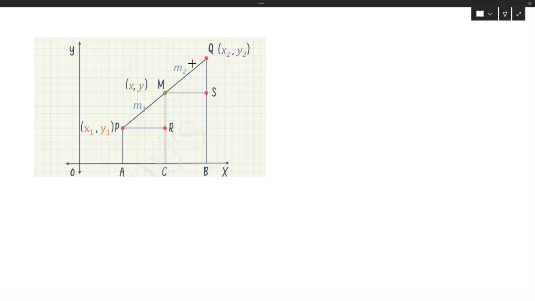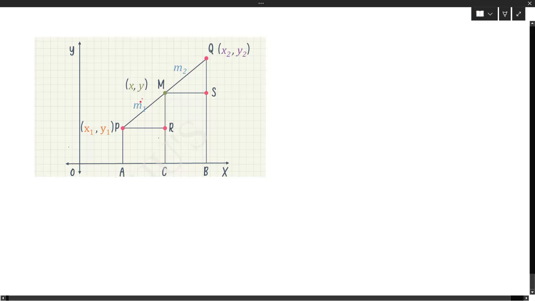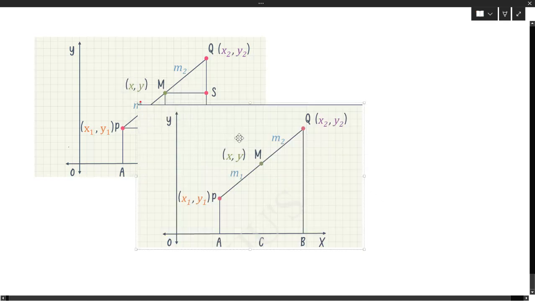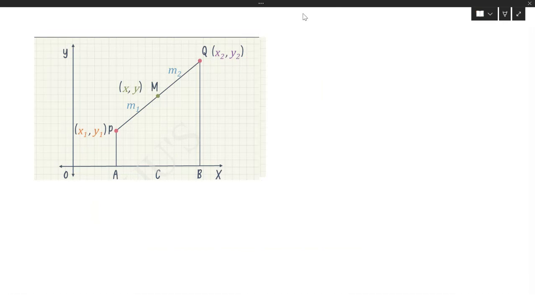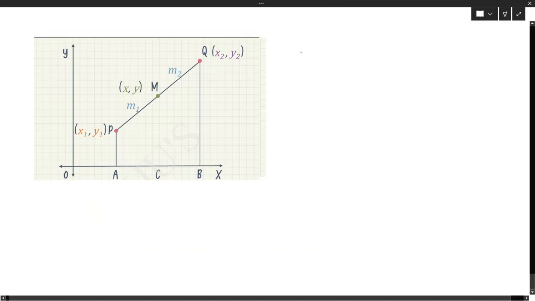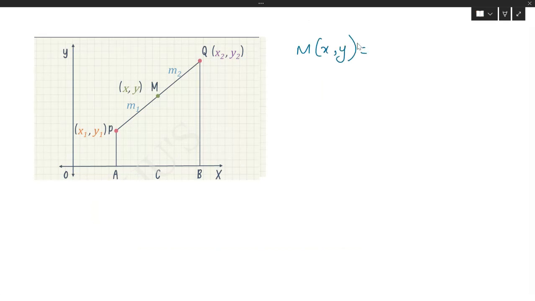Let me put another diagram that would be much easier. This is making a triangle here. In the triangle we use the midpoint formula. So we need to find out the coordinates of the point M, x, y.